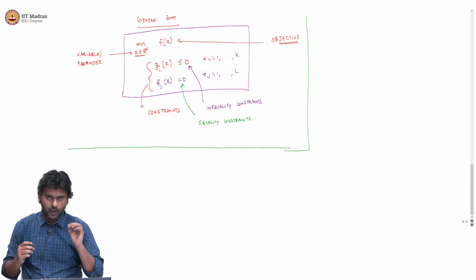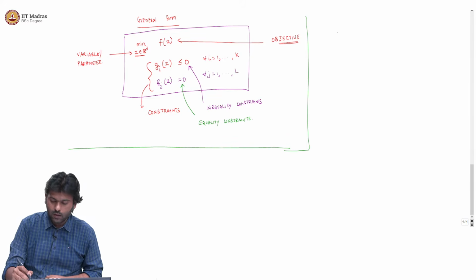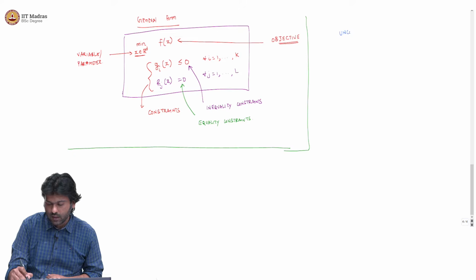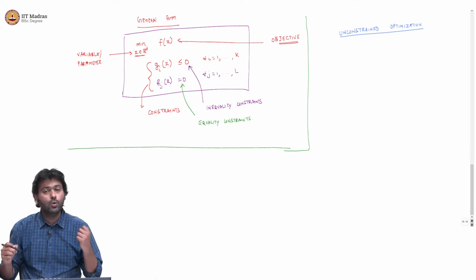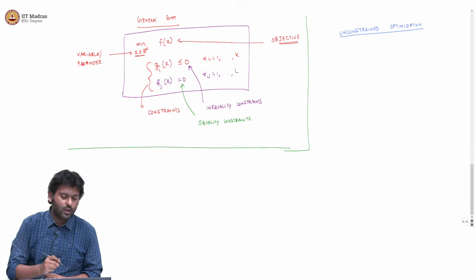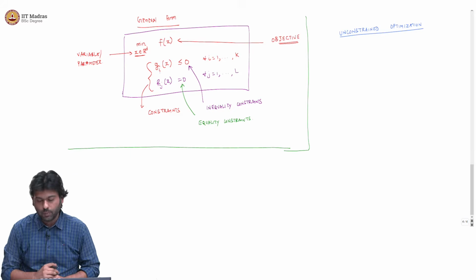The problem that we will start considering is what we will call an unconstrained optimization problem, where by unconstrained I mean that you do not have any constraints. So, these g_i(x) and h_j(x) are not there in the picture.